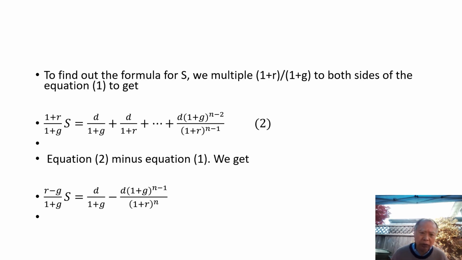To find out the formula for the present value, we multiply 1 plus r over 1 plus g to both sides of the equation 1 to get equation 2. Equation 2 minus equation 1, we get the following.